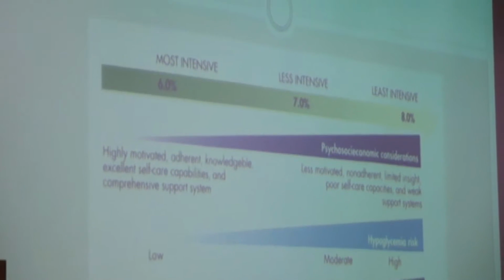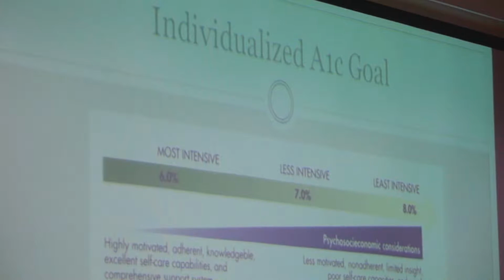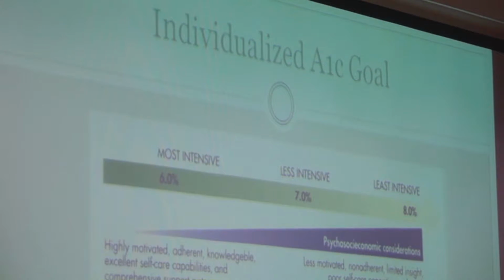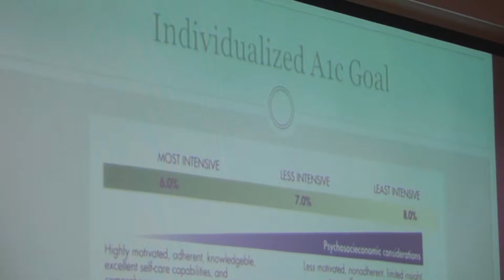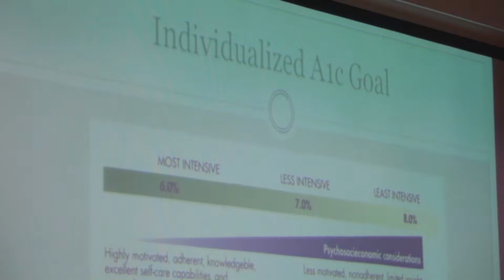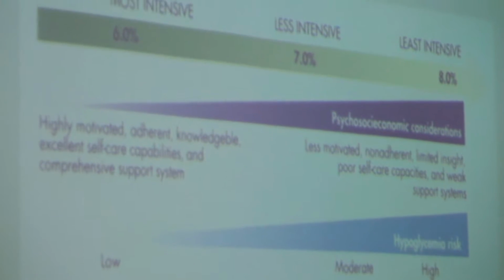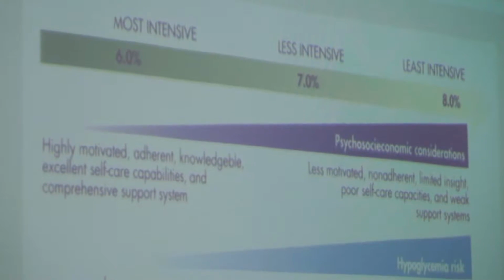Okay, the other somewhat new thing over the last several years is that treatment needs to be individualized, and we need to look at the individual patient, their age, their functional status, their particular set of complications, their psychosocial situation. Do they have good family support, or are they an elderly person living alone in a home with nobody around to help them if they have a low blood sugar level?